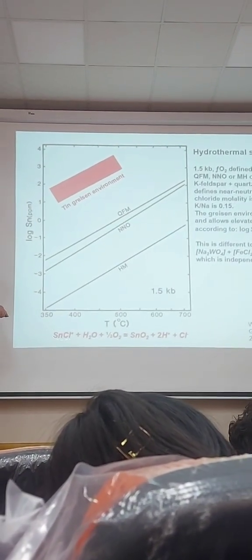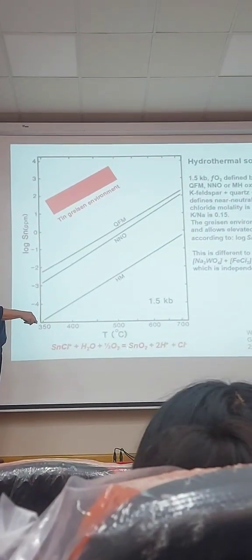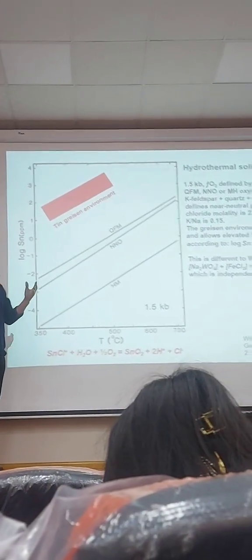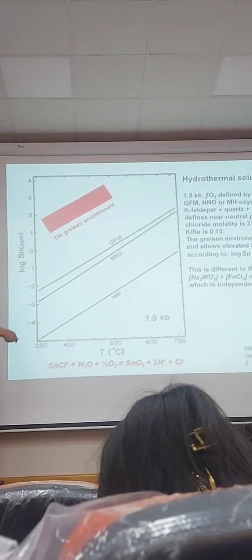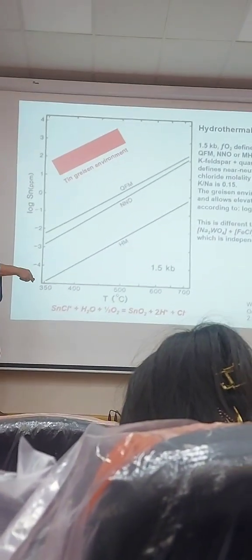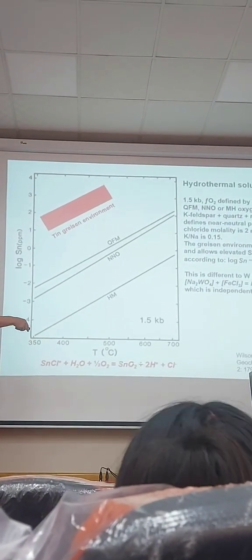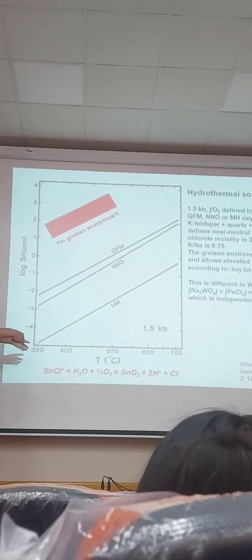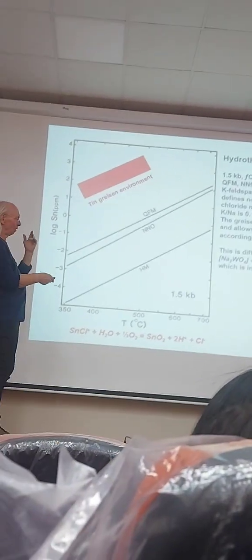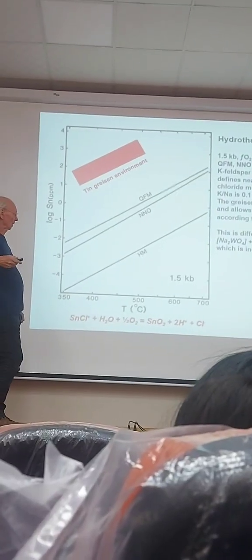This is the complex which is most important for tin transport. This is what is precipitated as SnO2, and then you just have to balance the equation. Which means you have to put some oxygen here, and you have here the H plus and the Cl minus. And just from looking at this equation, you can say the more acid the environment is, the more tin can be dissolved. That's the main point.